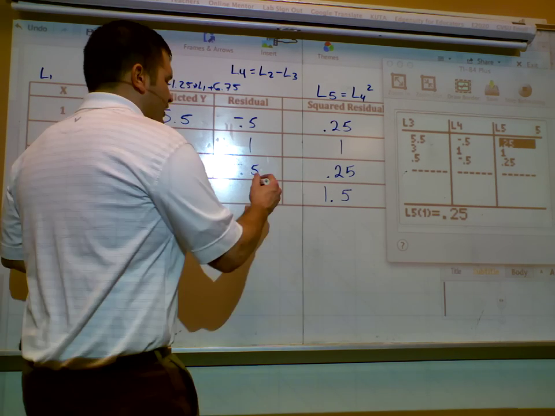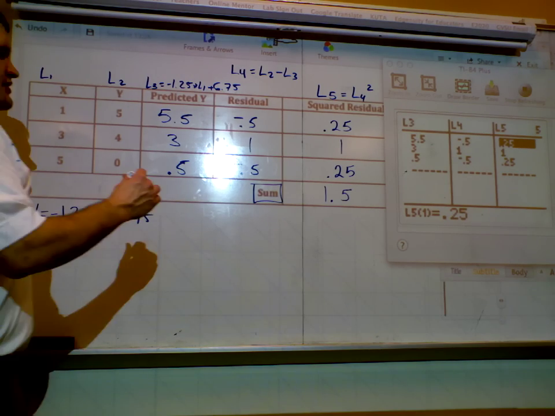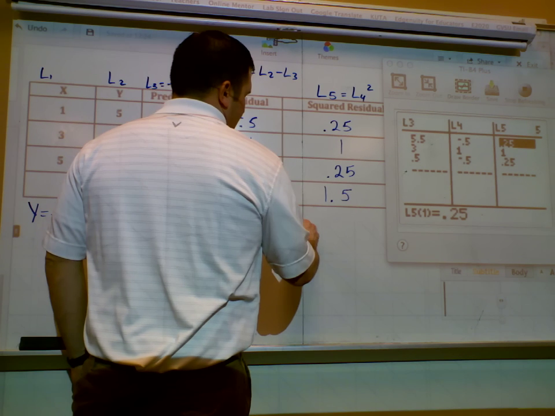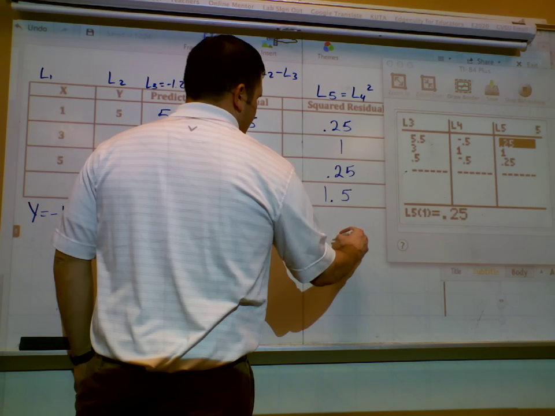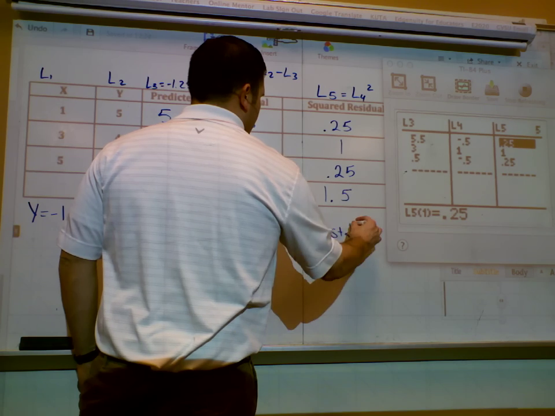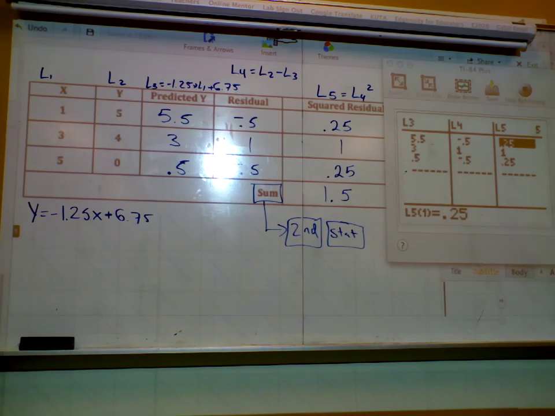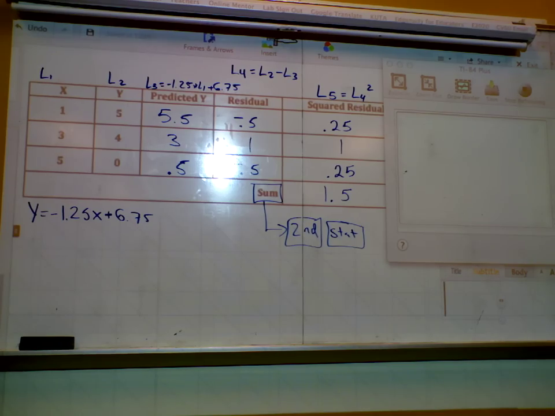Now the last part is the sum part. To get sum, you need to hit second stat. If you didn't quit out, make sure you quit out first. Hit second stat, go over to math.